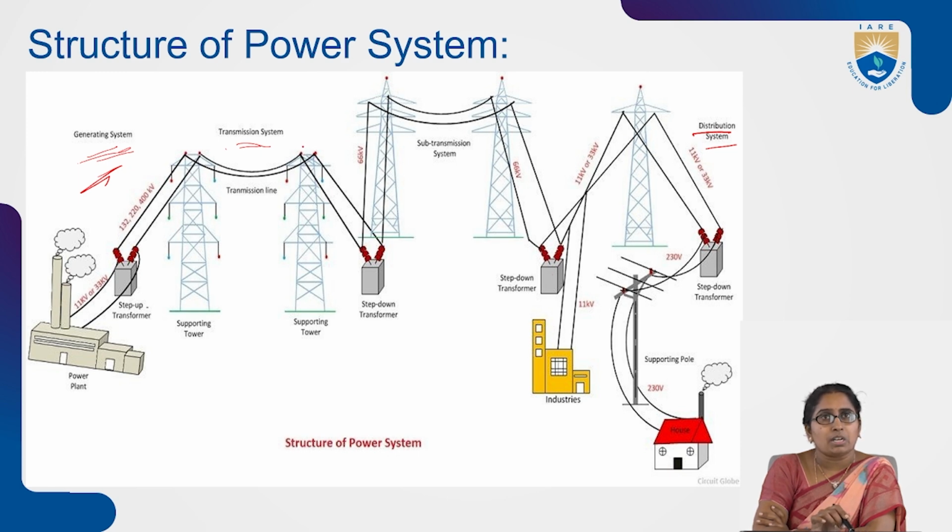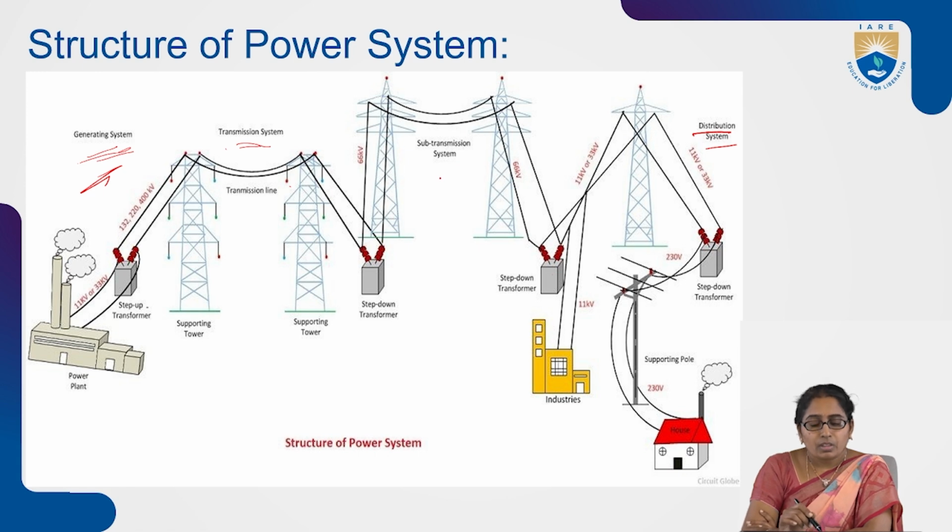These are the transmission lines placed on supporting towers. From there, the power goes to the sub-transmission system, where the voltage is stepped down a little using a step down transformer to 66 kV.